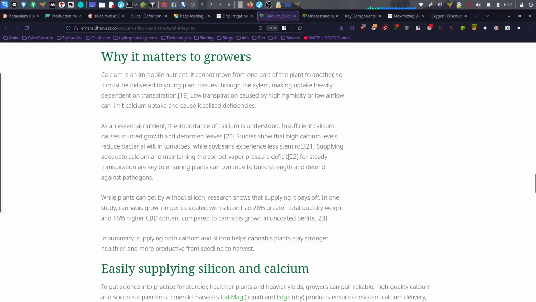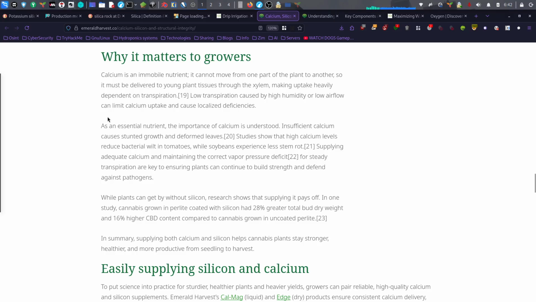Low transpiration caused by high humidity or low airflow can limit calcium uptake and cause localized deficiencies. That is a factor that changes the behavior of the plant.